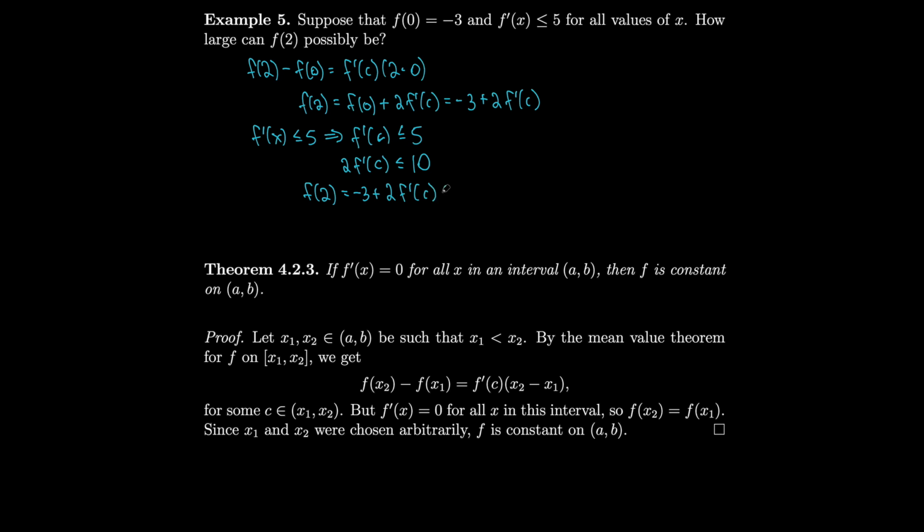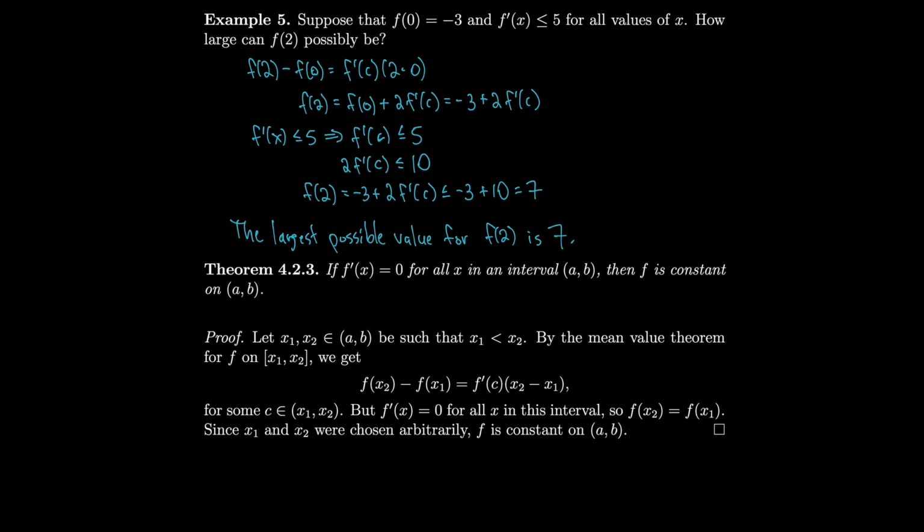And we know that that's less than or equal to negative 3 plus 10, because 2 times f prime of c is less than or equal to 10. So that's 7. So f of 2 must be less than or equal to 7. So the largest possible value for f of 2 is 7.